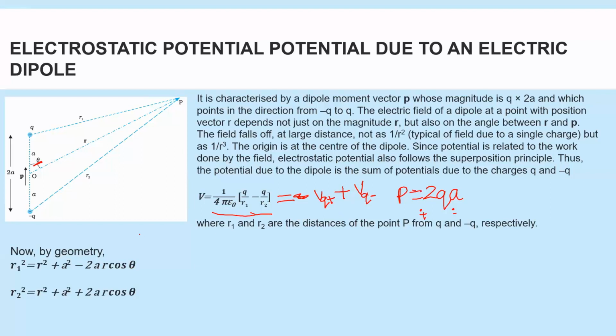Now, if you consider the geometry, if you want to find out how much is R1 with respect to R, we are only given the distance between the center of the dipole and the point P. So we have to find out R1 and R2 with respect to the distance between the dipole and the point P. You can see from the diagram that R1 square is equal to R square plus A square minus 2AR cos theta, and similarly R2 square is going to be R square plus A square plus 2AR cos theta.